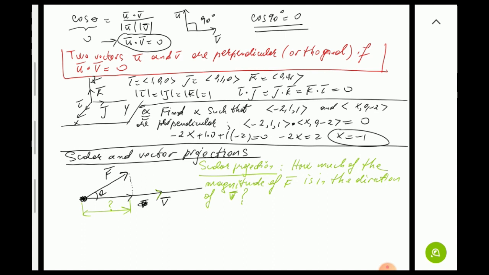So this projection, this scalar projection, which by the way is denoted by the component, using the notation in our textbook at least, the component of the force F onto V. So you read this as component of F onto V. So to keep with the notation or the language in the book we use, the index vector here is the vector onto which you project the other vector F.